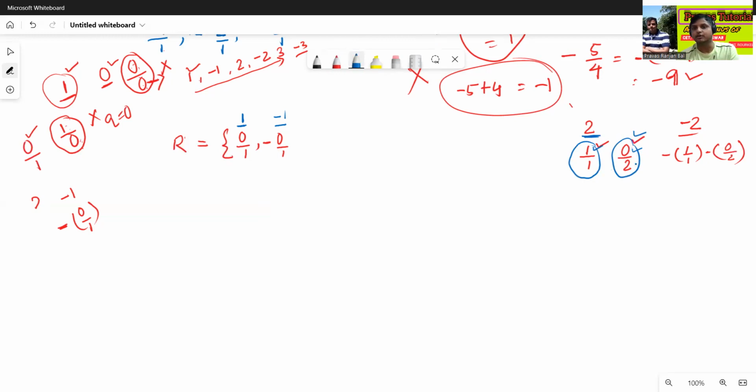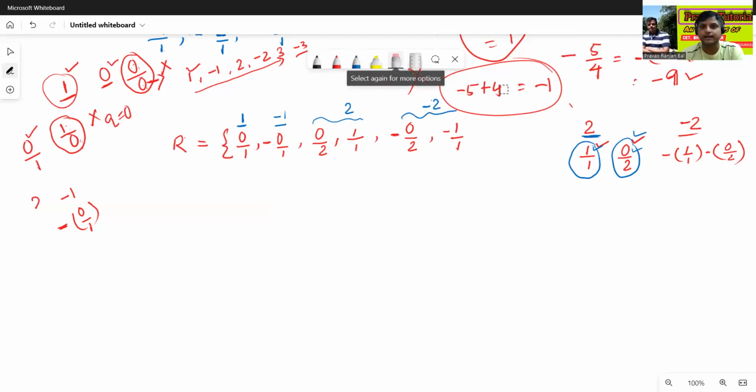So we write 0 by 2, then 1 by 1. Then for minus 2 values, minus 0 by 2, then minus 1 by 1. So these values are 2 and these values are minus 2.